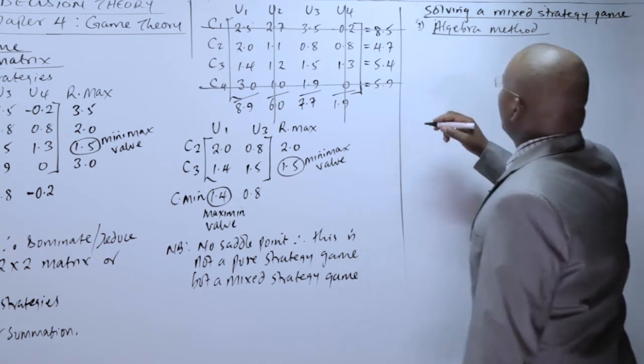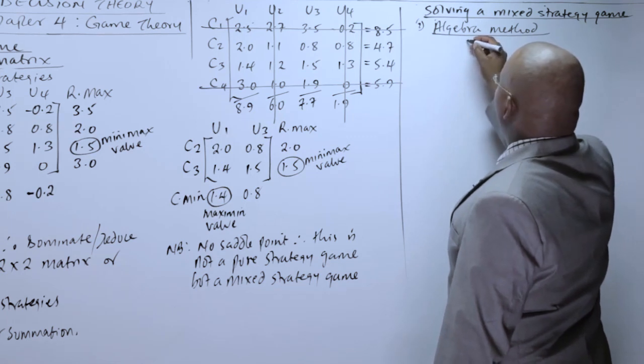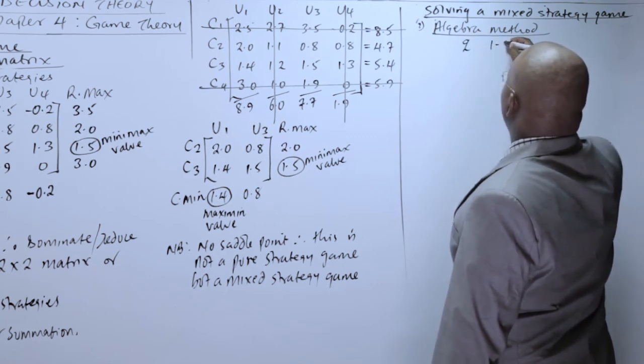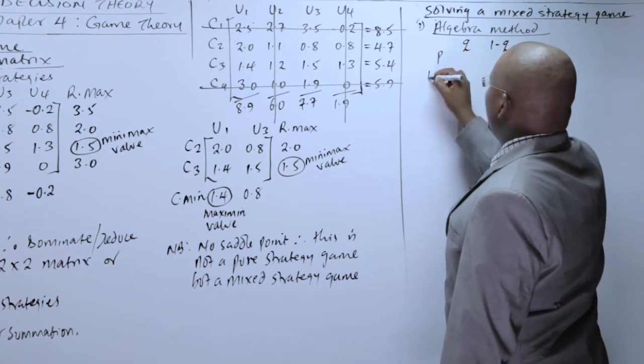So we normally indicate this way. We can have the union having their probability as Q and 1 minus Q, the company having their probability as P and then 1 minus P.